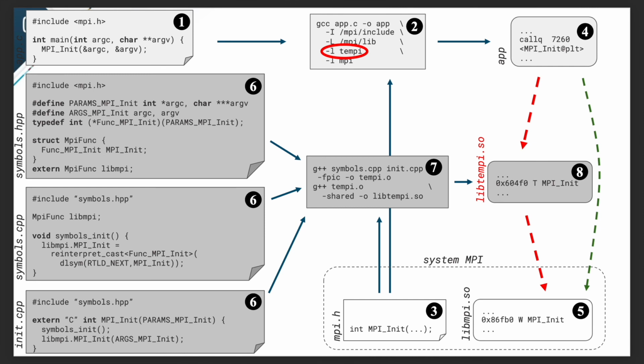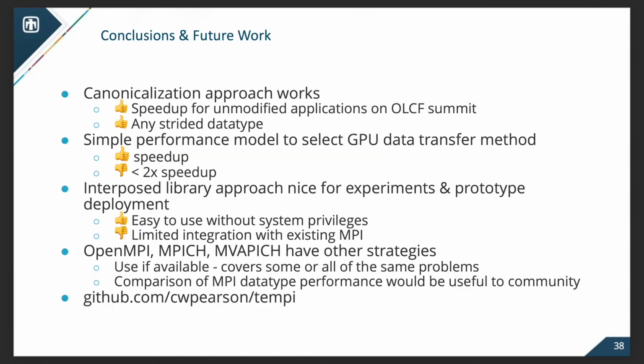But basically what happens then is your application, when say MPI init is called, will discover that TEMPI implements MPI init, and it will begin executing TEMPI code. And then internally in TEMPI, we can do whatever we want to do. And then ultimately, as we need to rely on the system MPI for anything that we don't implement or don't care to experiment with, we can call from TEMPI automatically into the system MPI so that your application observes no changes in how correct the code is.